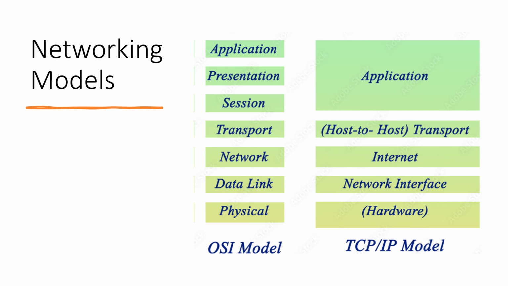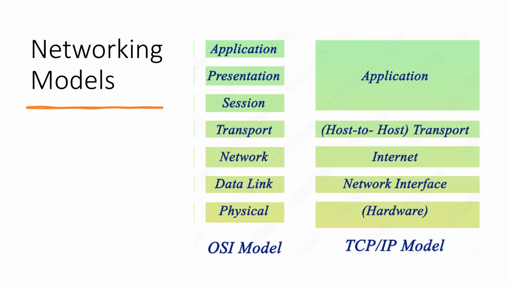Fourth is the transport layer, which ensures end-to-end communication between devices, and manages flow control, error correction, and retransmission of lost or corrupted data. The fifth is the session layer, which manages and terminates sessions or connections between applications, and synchronizes data exchange between applications.